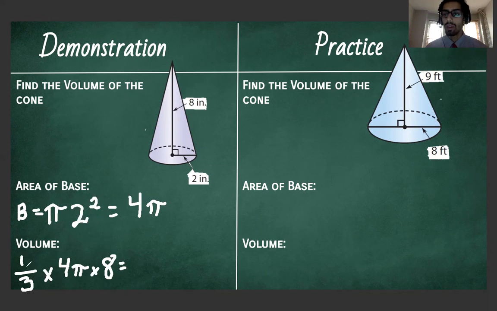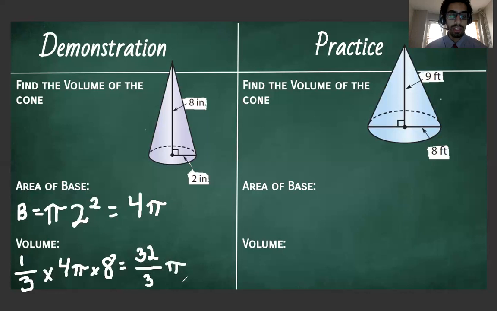We're going to multiply all the numbers in here together, right? So we have 1/3 times 4 times 8, okay? 4 times 8 is just going to be 32. And the denominator would just be 3 because I'm multiplying it by a fraction. And then I'd just be left with pi as well.